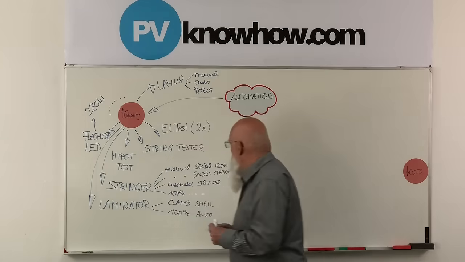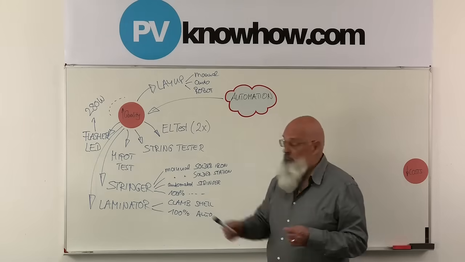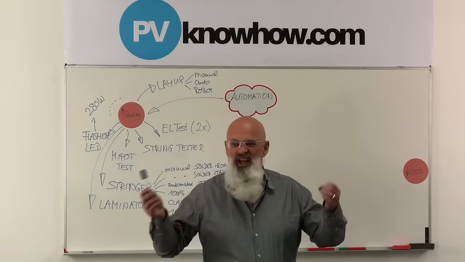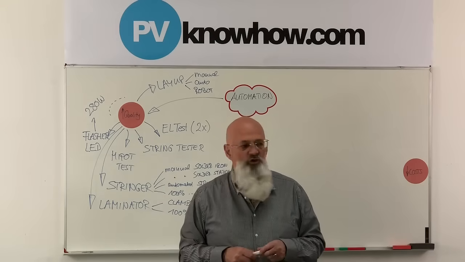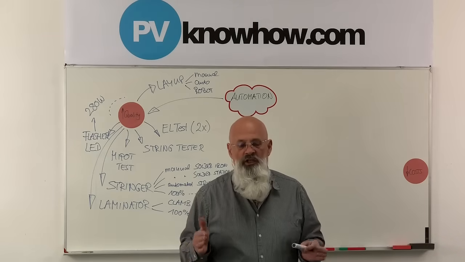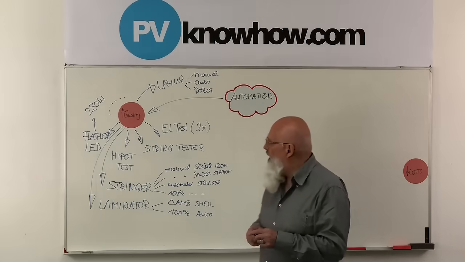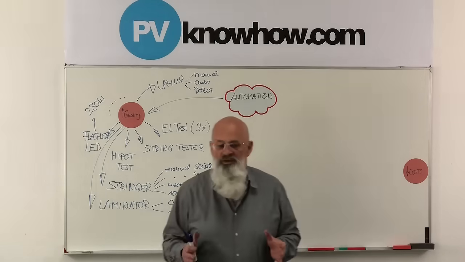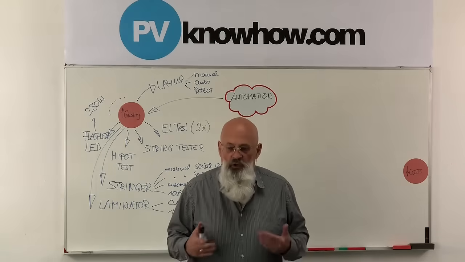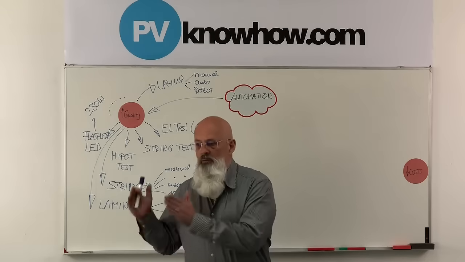So, if we talk about quality, the same goes by the way for the flasher. You can do the flasher manually, but I would not recommend making any own solution with a lamp or something. It must be a very professional solution certified by TÜV, because otherwise you cannot give your customers a flash list, as we call it, which shows the watt of every module.